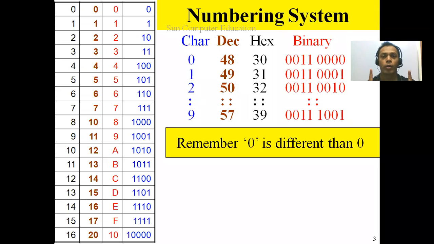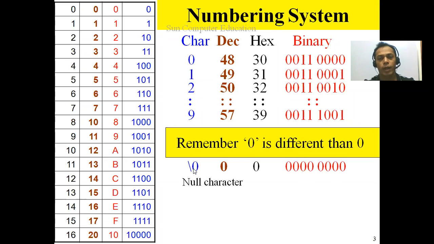But a point to remember: zero character is different from zero number. Why is it different? Because zero character has an ASCII value 48, whose meaning is not zero. It's only character zero. Whereas zero number has a character \0. It's an escape character.